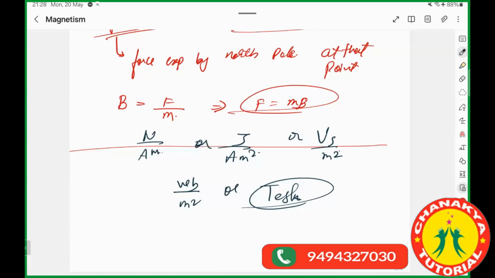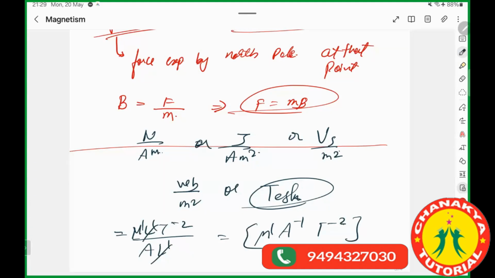Yes, T minus 2, not 3, because Newton is always like meter square.